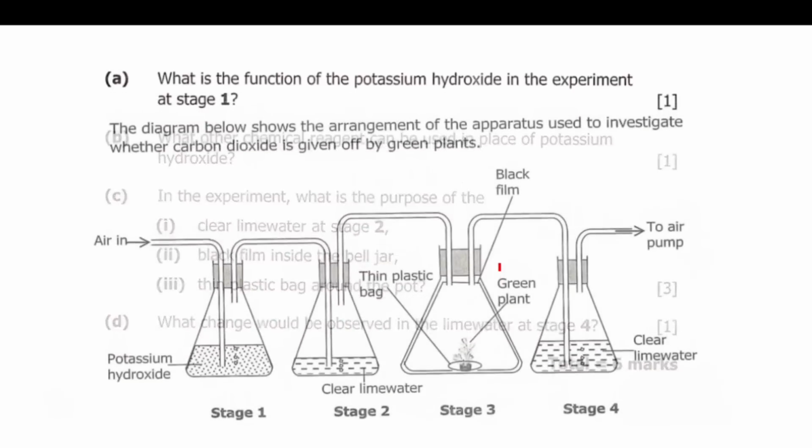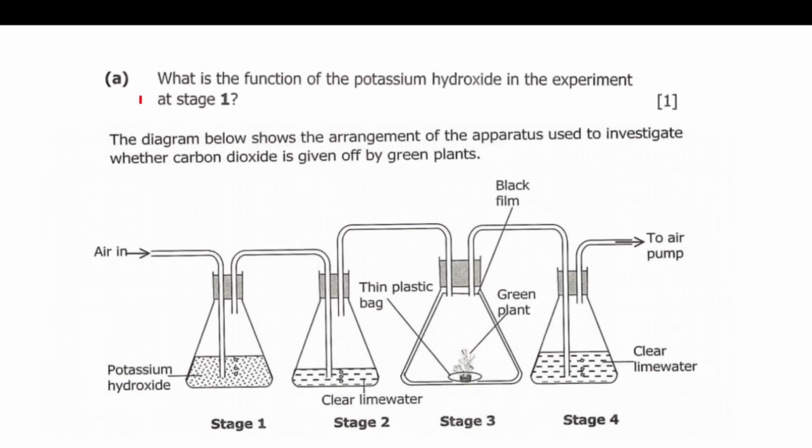Let's begin answering now. We'll begin with A. What is the function of the potassium hydroxide in the experiment at stage 1? So this potassium hydroxide here is to make sure that it absorbs any carbon dioxide entering in this air here, because our aim in this experiment is to investigate whether carbon dioxide is given off by green plants.